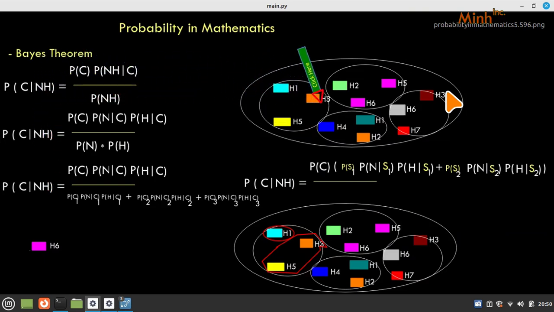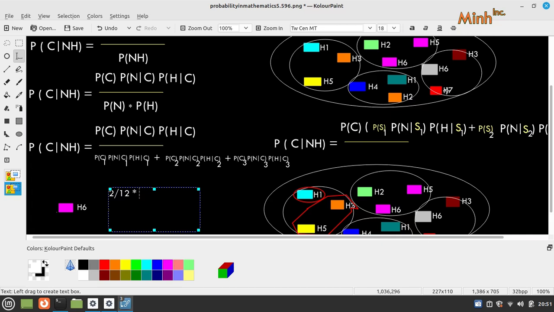So purple are 2, and height h6 are 2, so that would come as 2 by 12 into 2 by 12. So I believe it will result in 1 by 6, 1 by 36.